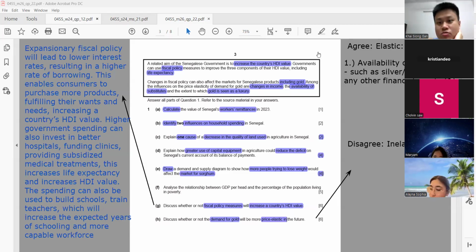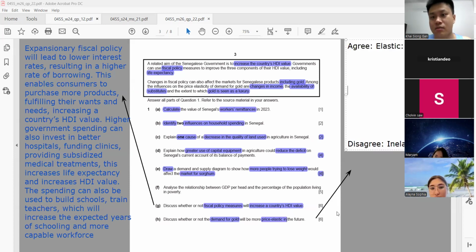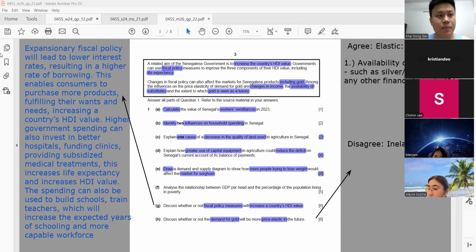Another answer to say it is elastic: the types of goods. You want to say the demand for gold is price elastic, so what else can we talk about? You can say gold is a luxury. You can survive without gold, isn't it?